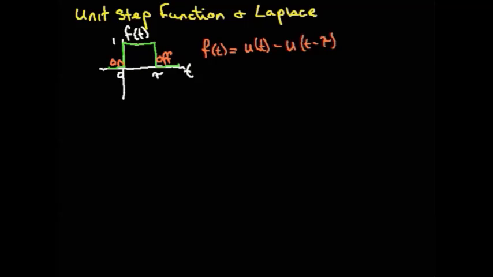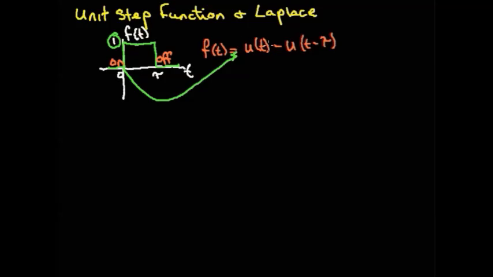Let's just analyse those points there. So here is my switch on point. It's at u of t and it's switched to 1, and it's this one here. Had that been a 2 there, then I would have prefixed this with a 2. It's actually prefixed with a 1, I just haven't written it in.